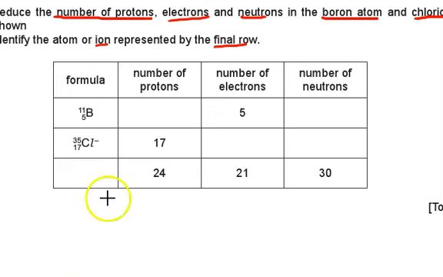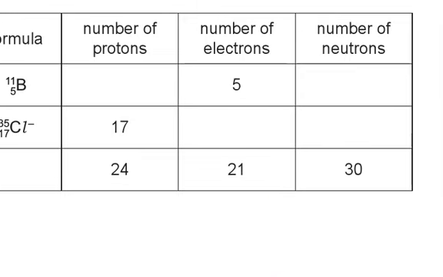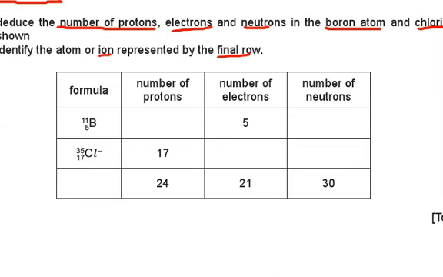The proton down here, so here will be 5. Since it is an atom, the proton and the electron must be the same. So the neutron here will be 11 minus 5, so we will get 6.